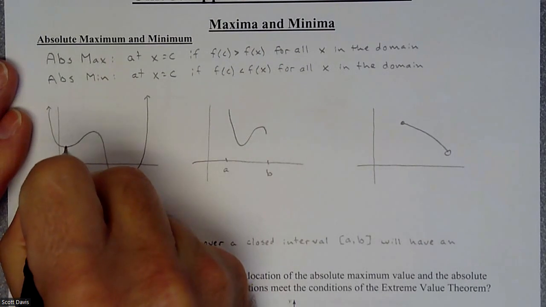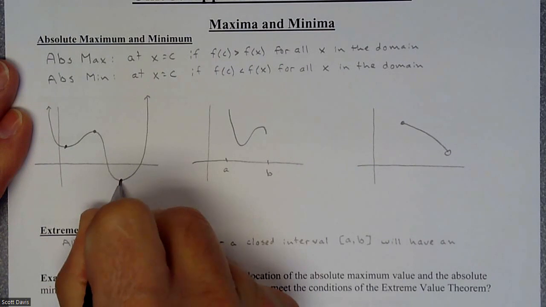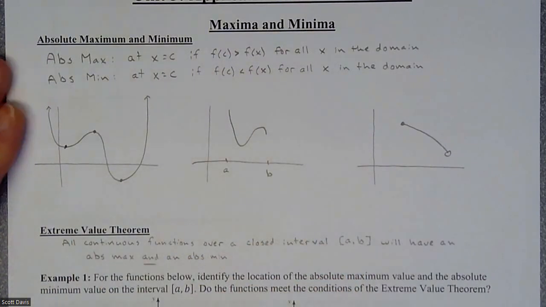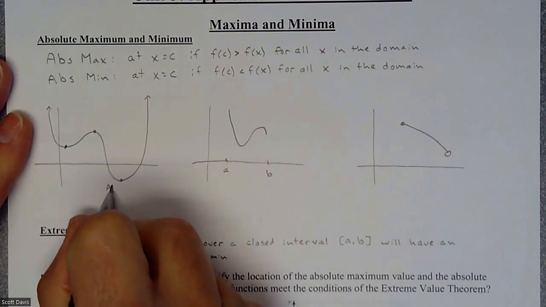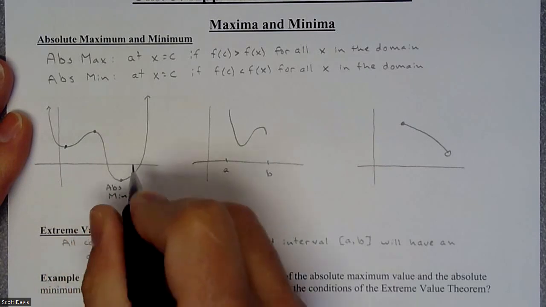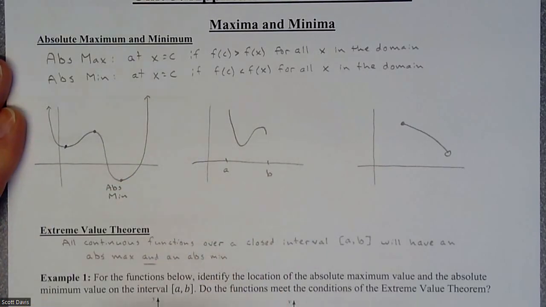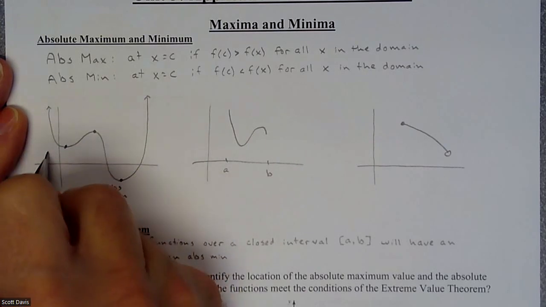We have a point here, a point here, and a point here. Those are some highs and lows, but let's define them. This one is going to be considered an absolute min. This one's a minimum too, but it is what we call a relative min or a local min.